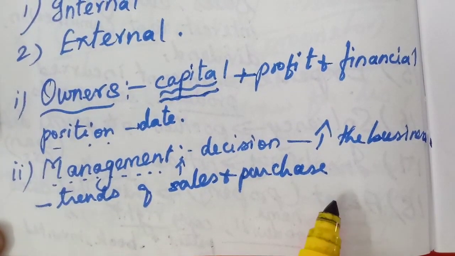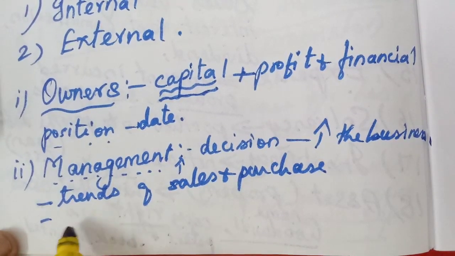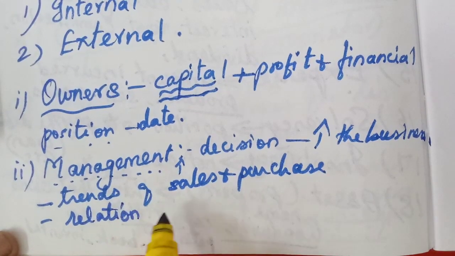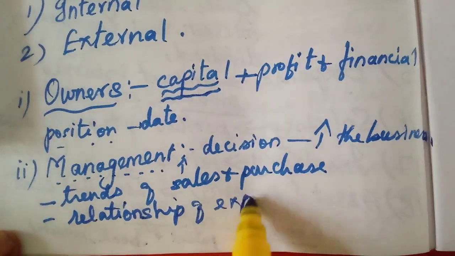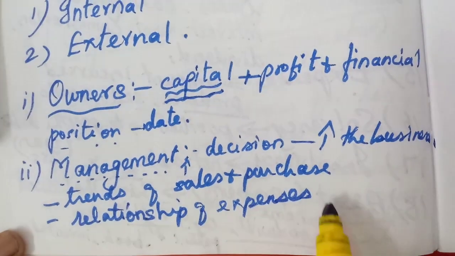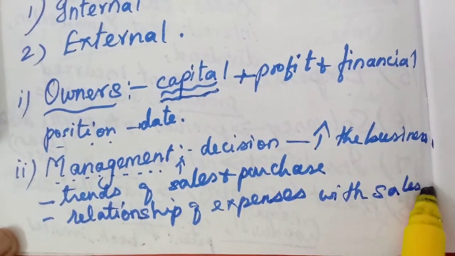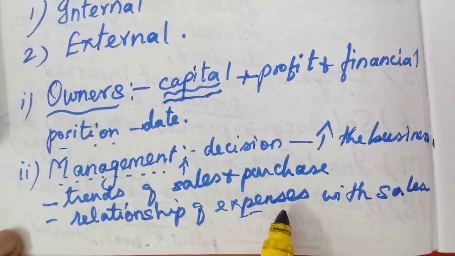Then they should know the relationship of expense with sales, how much they have spent. Expenses are very important. So to sell 100 units, what is the expense? They will calculate, they will analyze.